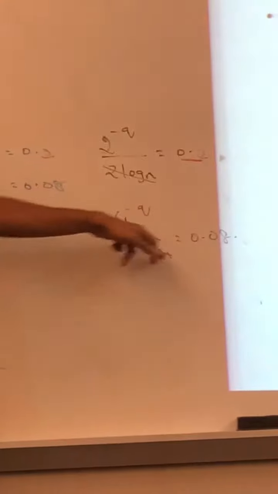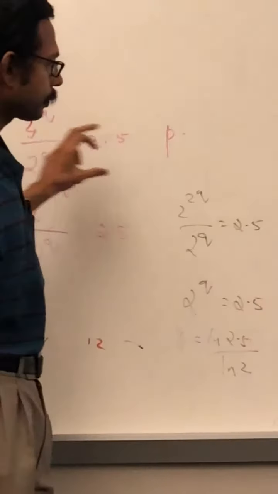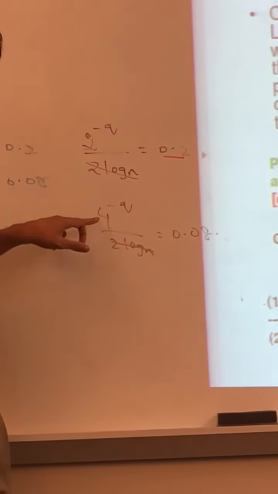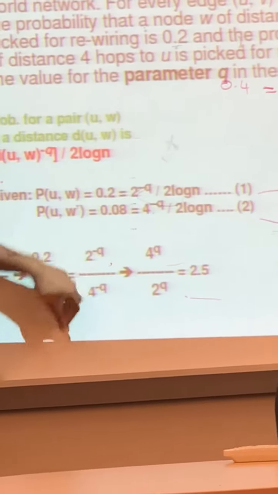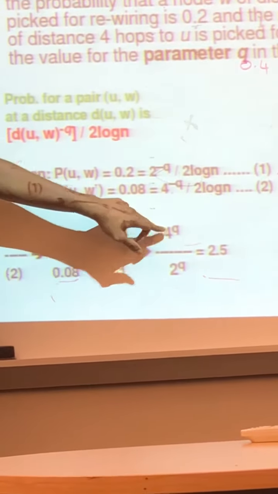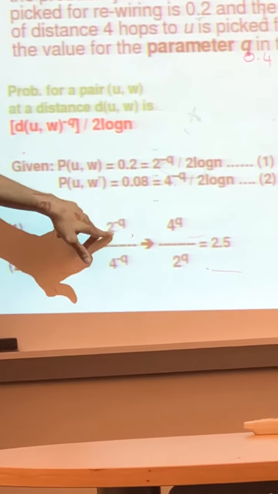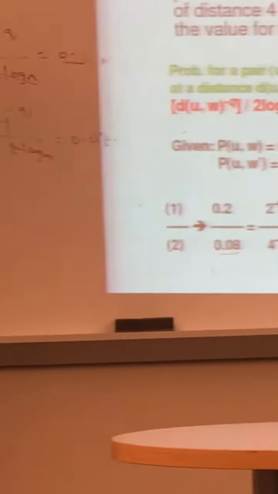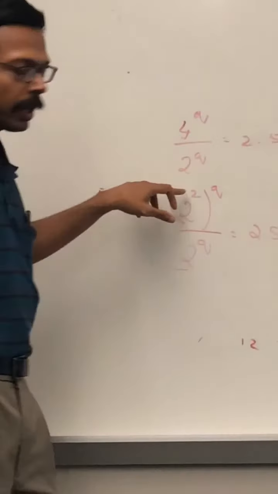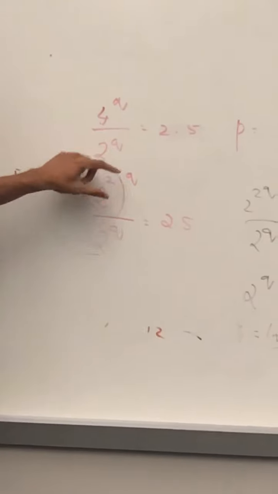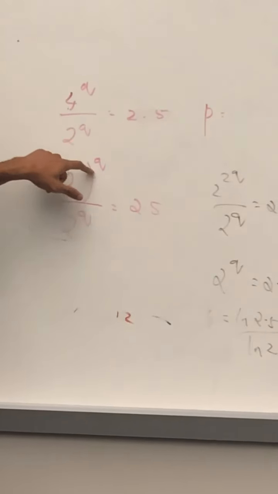So 0.2 divided by 0.08 is 2.5, and this is 2 to the negative q divided by 4 to the negative q. If you just rearrange them, bring the denominator to the numerator, so it's 4 to the q divided by 2 to the q. 4 is 2 squared, so 2 squared raised to q is 2 to the power of 2q.